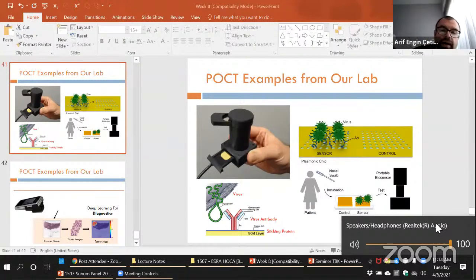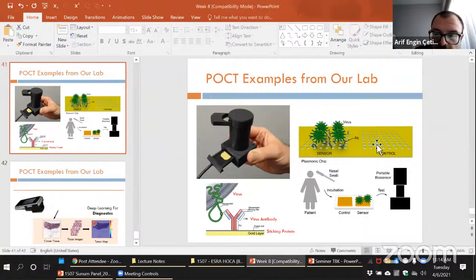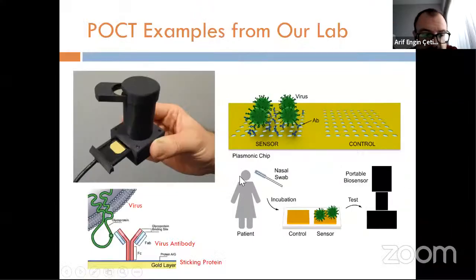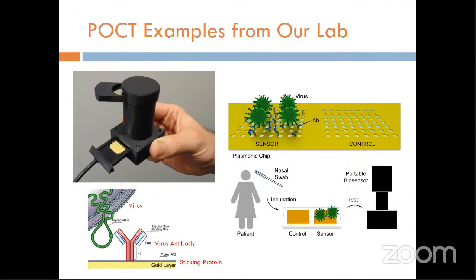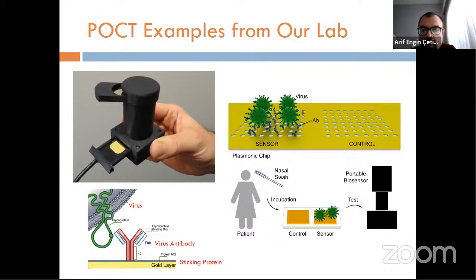Okay. So, maybe this slide could make it easy to explain your question. For different POCT tests, the way you do the test is the same, optical or electrochemical. It's exactly the same. The question is how you use the same sensor for different goals.